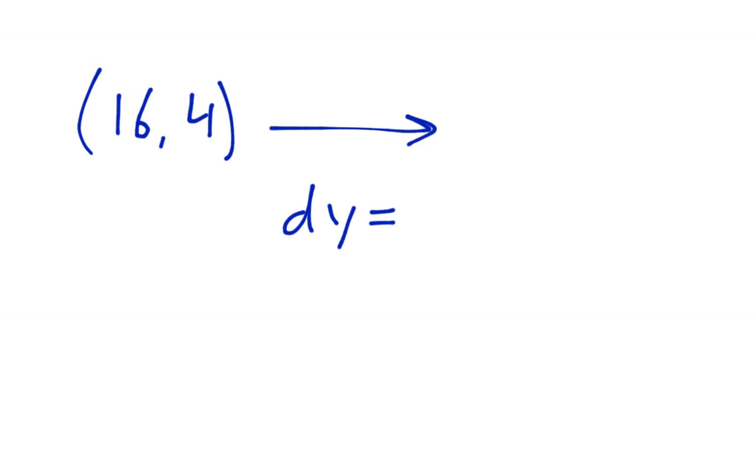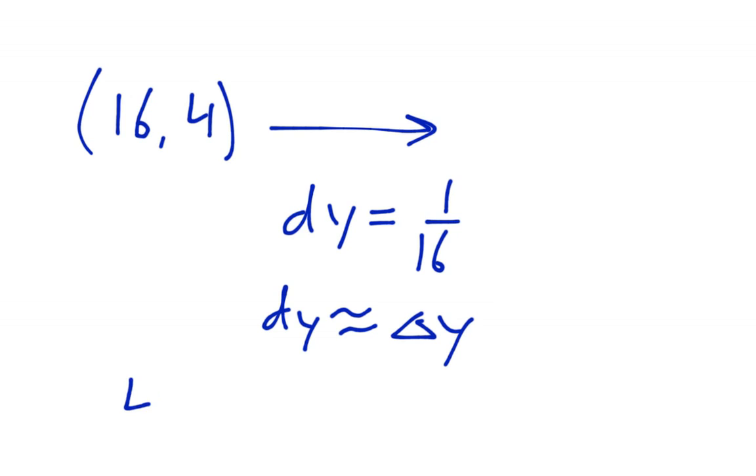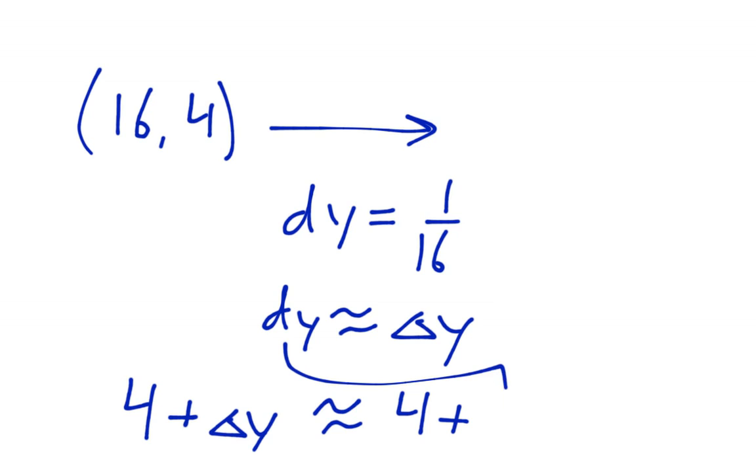What does that mean? It means that I'm starting at the point (16, 4), and I'm approximating the new y value. We said that dy was 1/16. Well, keep in mind that dy was approximately equal to delta y. So the new y value is going to be the old y value, which was 4, plus the change in y, which is going to be approximately equal to 4 plus dy.